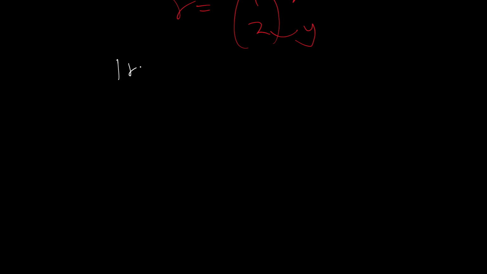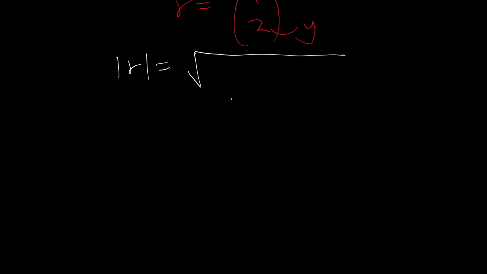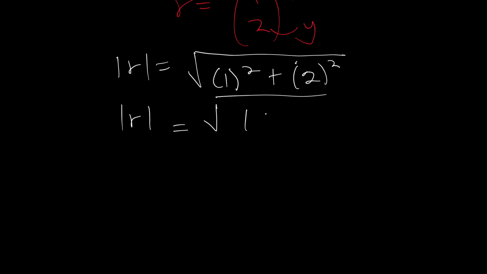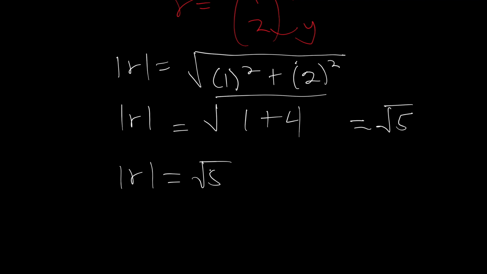So the length of R will be equal to the square root of 1 squared plus 2 squared, which is the square root of 1 plus 4. This is equal to the square root of 5. So our length of R will be root 5 units.